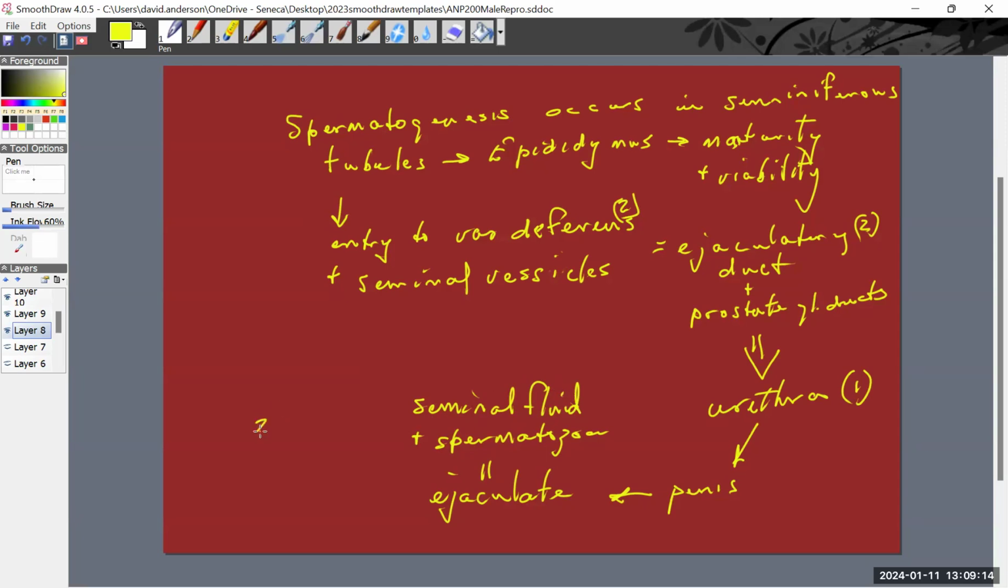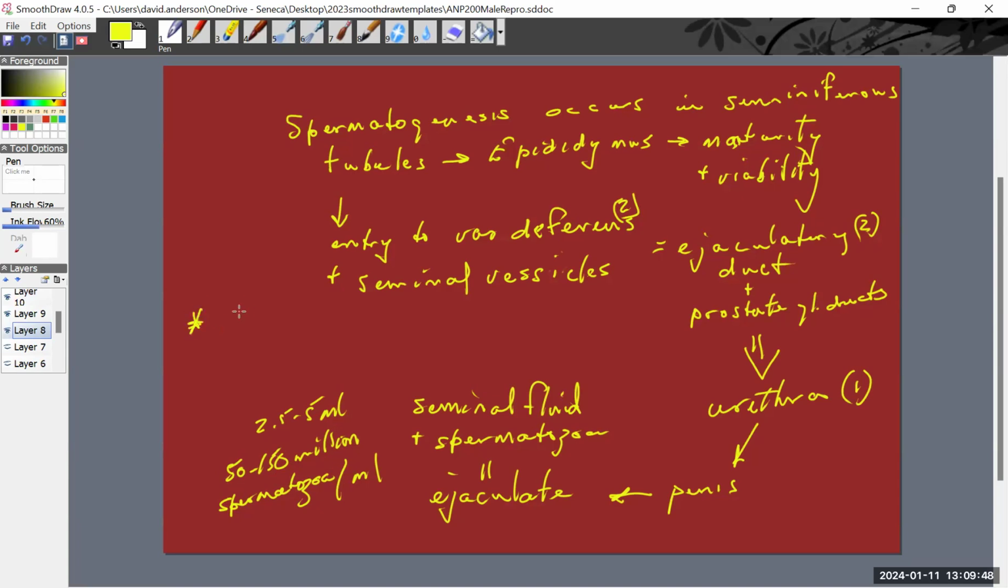And a typical ejaculate will be anywhere from 2.5 to 5 milliliters of volume, and usually contains about 50 to 150 million spermatozoa per milliliter. If there's less than 20 million spermatozoa per milliliter, that's considered to be male infertility.